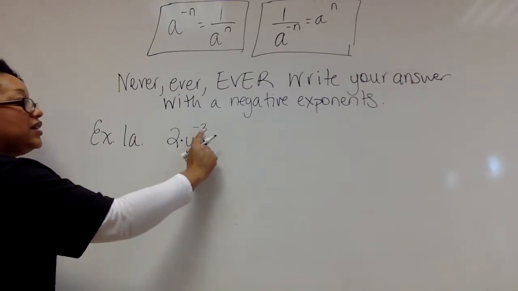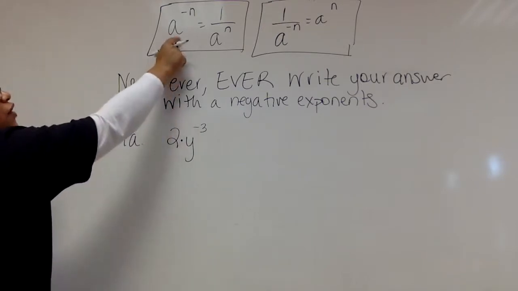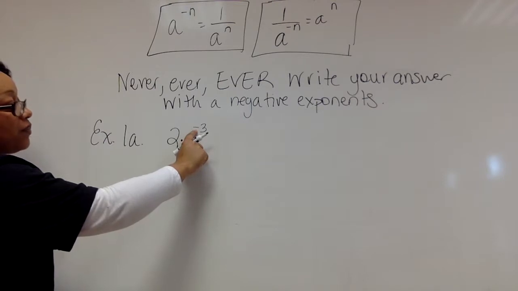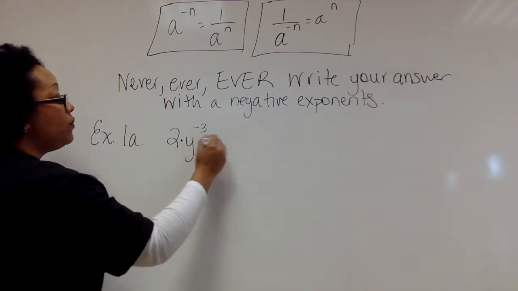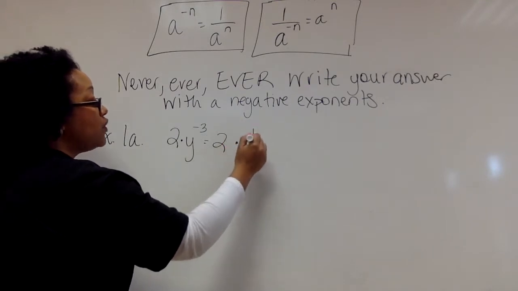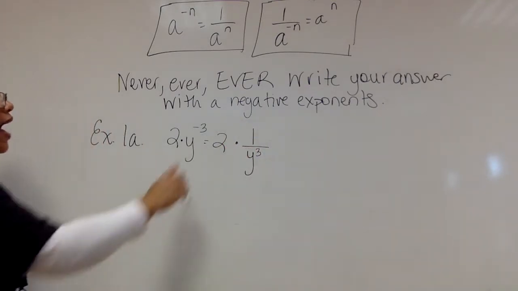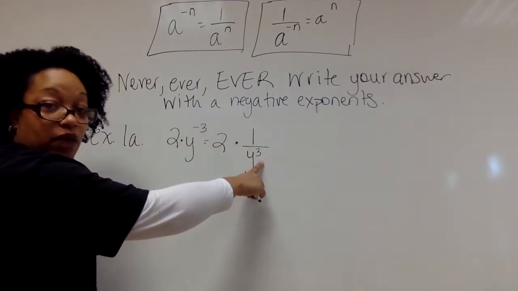But the problem is we have this negative exponent. So what we have to do is apply this rule that you just wrote down in that box. If I have a negative exponent, I need to rewrite that as a fraction. So that would be 2 times 1 over y to the third power. I made the exponent go downstairs and I took the negative away.